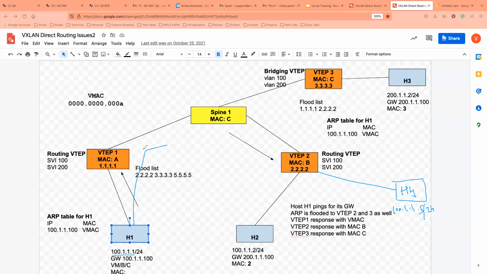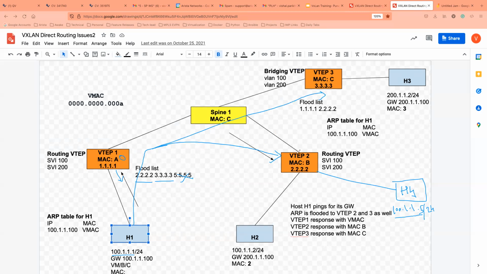So H1 sends the ARP request for this end host. The VTEP will receive this, but obviously this IP is not its own, so it will not reply back. It will be flooded to 222 and 333. 555 is its own IP, so it will not flood to it. So it will send that packet to 222 and 333.